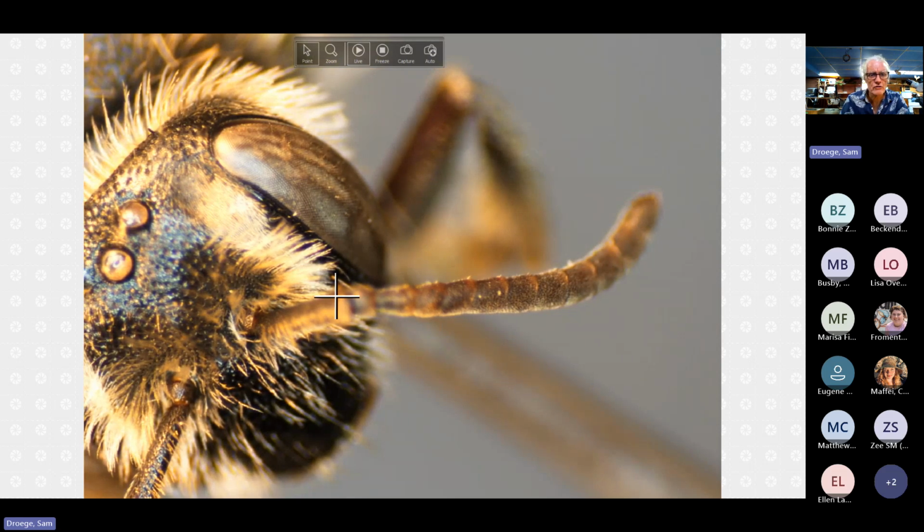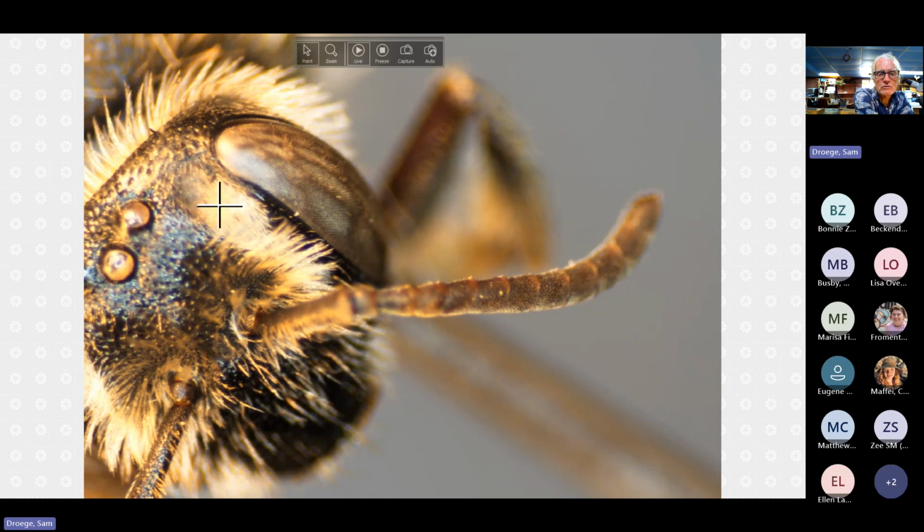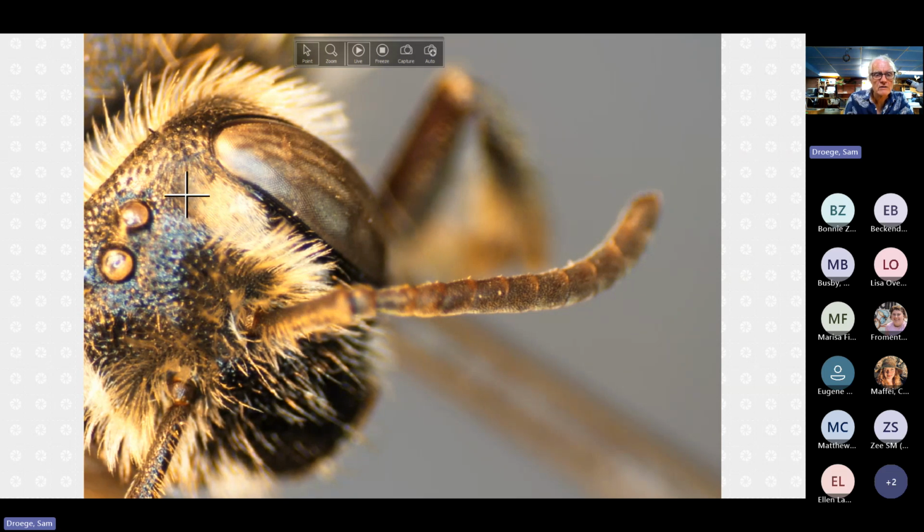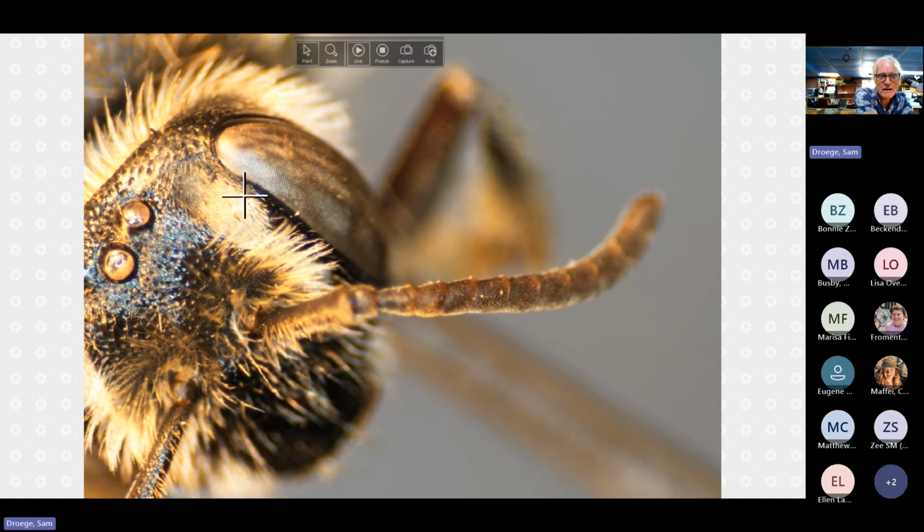So here's the facial fovea. Facial fovea filled with short hairs that are usually visible, sometimes different colors. And here's the outline. These are relatively crisp outlines because this fovea, not well defined in this picture, is deep in comparison to other species. So there's more of a deeper impression, more like a swimming pool, I guess. And so we can see the edges quite well.